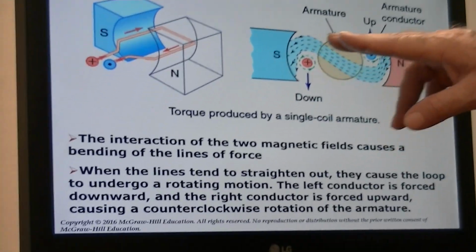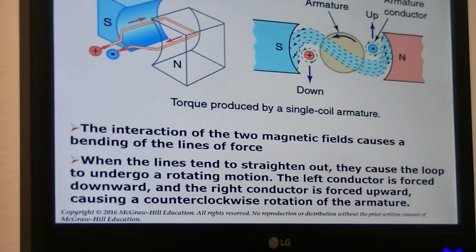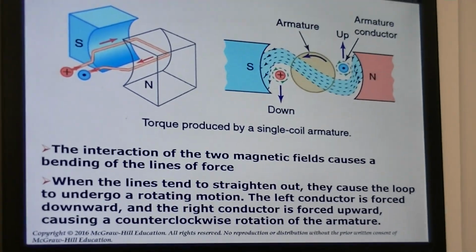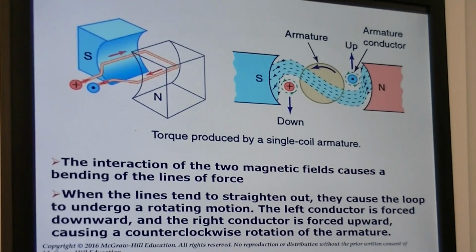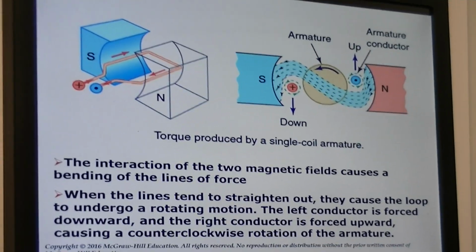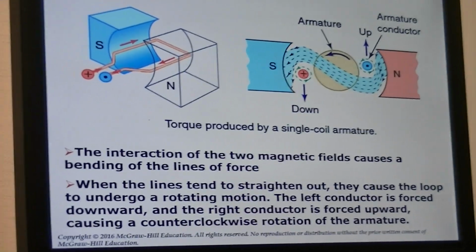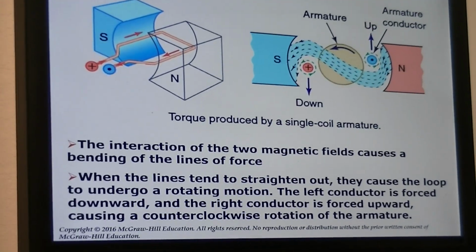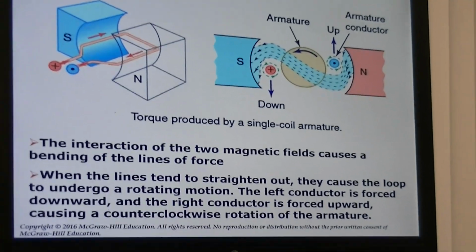When the lines tend to straighten out, they cause the loop to undergo a rotating motion. The left conductor is forced downward, the right conductor is forced upward. So you get that force on there, and that's what's causing it to rotate, right?